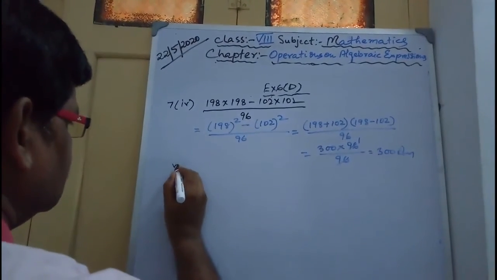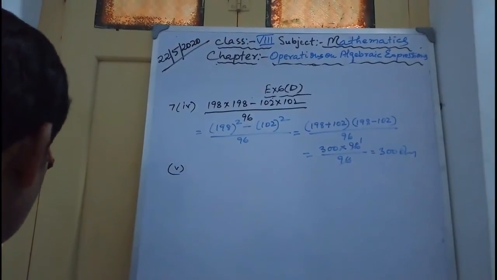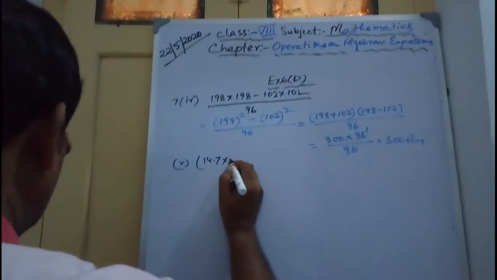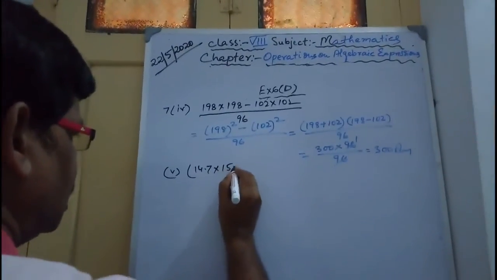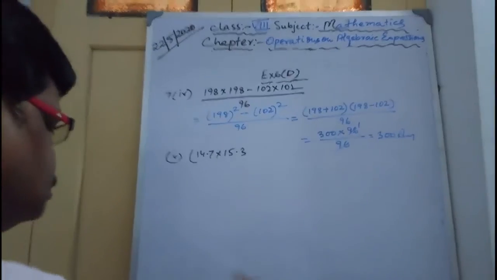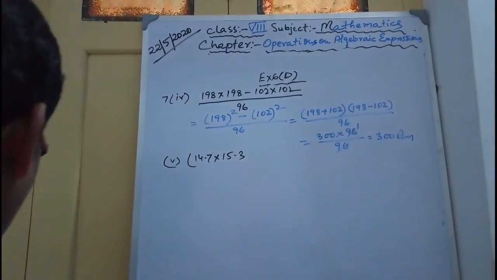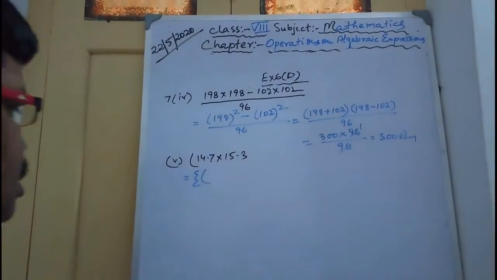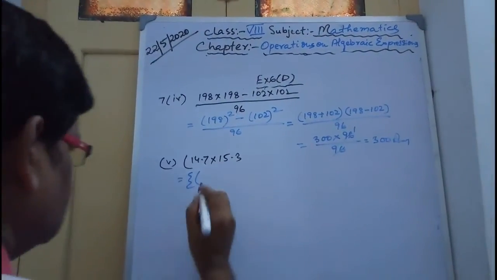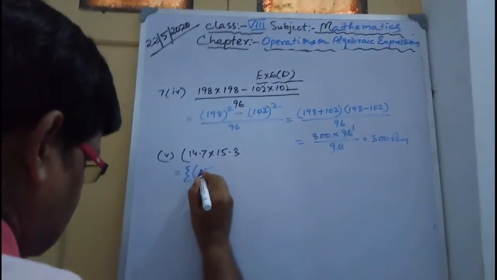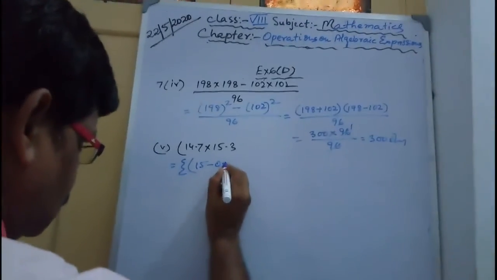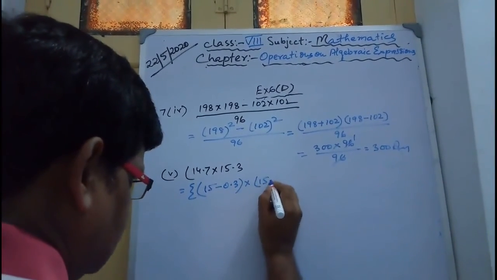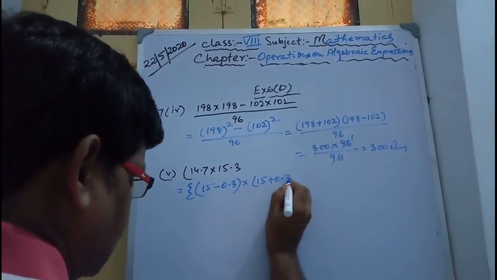Question number 5. 14.7 into 15.3. So 15 minus 0.3 into 15 plus 0.3.